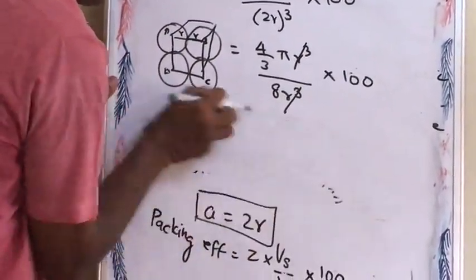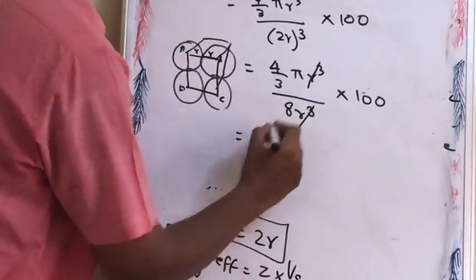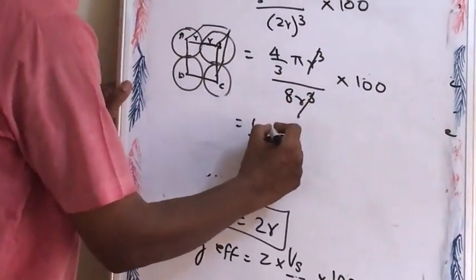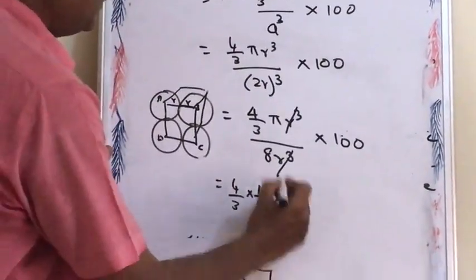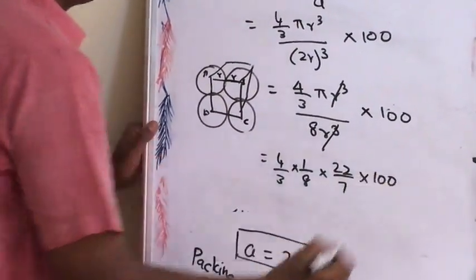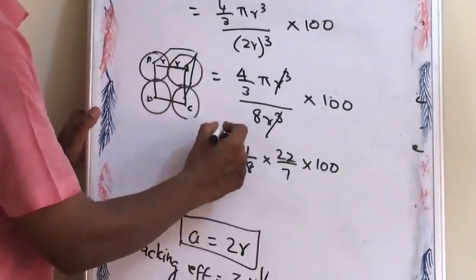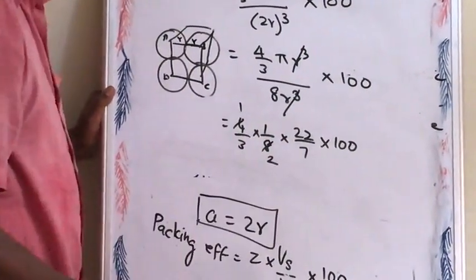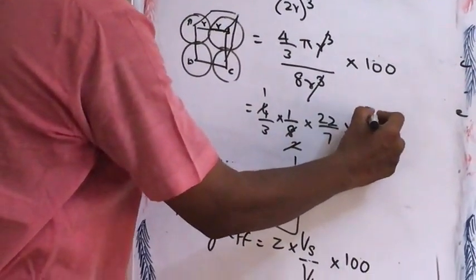Then this 4 by 3, and this 8 is nothing but 8 by 1. 8 by 1 reciprocal will become 1 by 8, into pi value 22 by 7, into 100. So I am converting everything into numbers. 4 1 times, 2 times, and again 2 1 times, 50 times.